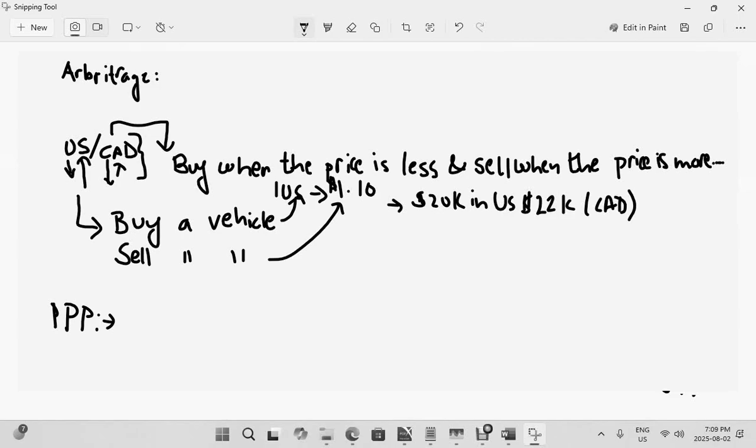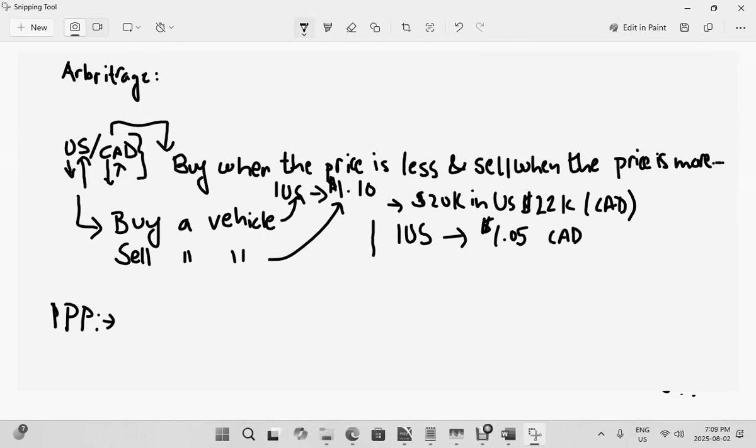Now, the reason why you would sell the vehicle in Canada is because the currency exchange rate is such that the Canadian dollar is going up. So the Canadian dollar is appreciating. And let's assume that the exchange rate 2 years ago was different.